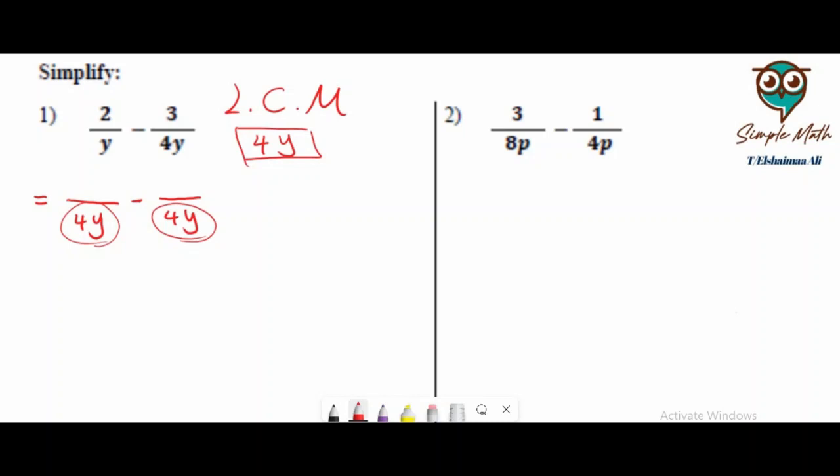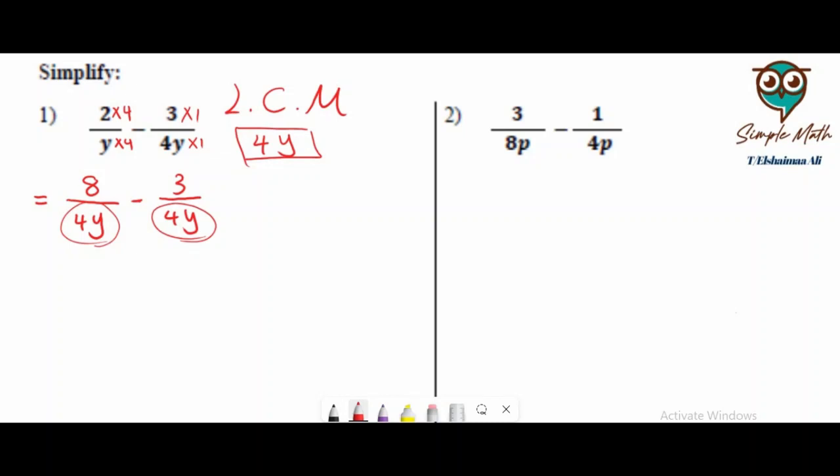Let's get the numerator up. y becomes 4y. What happened to it? Of course we multiplied it by 4, so we need to multiply the numerator by 4 also. 4 times 2 gives me 8, minus, here we have 4y in the denominator, so we just multiply it by 1. So 3 times 1 gives me 3, so 3 stays the same.